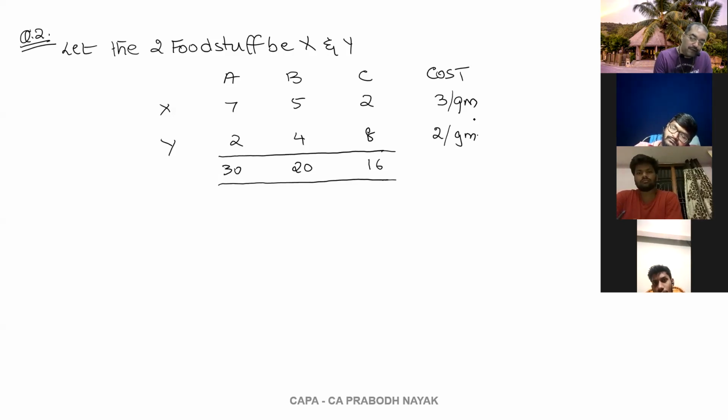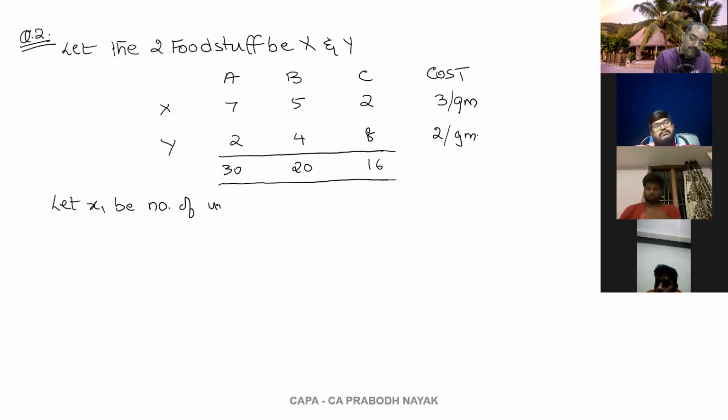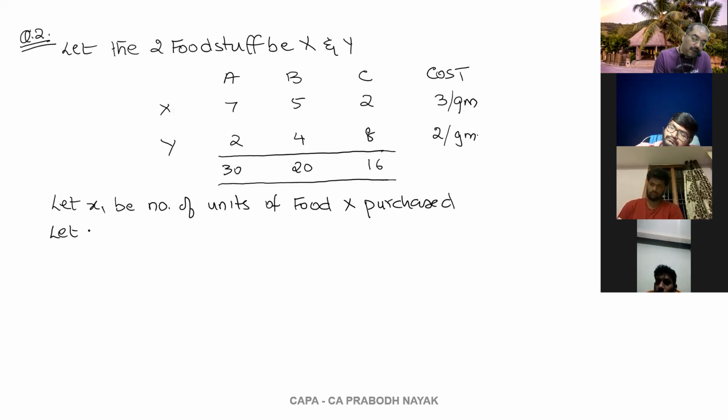Defining the variables: let X1 be the number of units of fresh food X purchased. Let X2 be the number of units of food Y purchased.